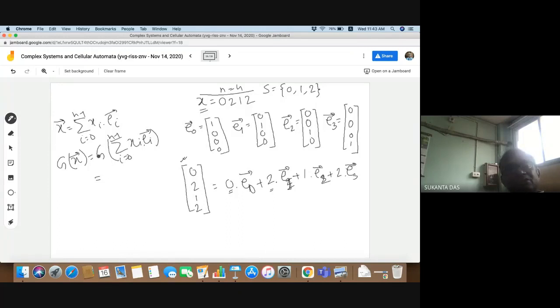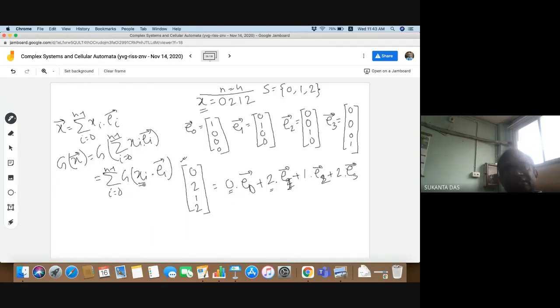So G is linear, means it is additive and homogeneous. Using the additivity rule, what can I do? I can take G inside of the summation from 0 to n minus 1 of G of xi dot ei, right?